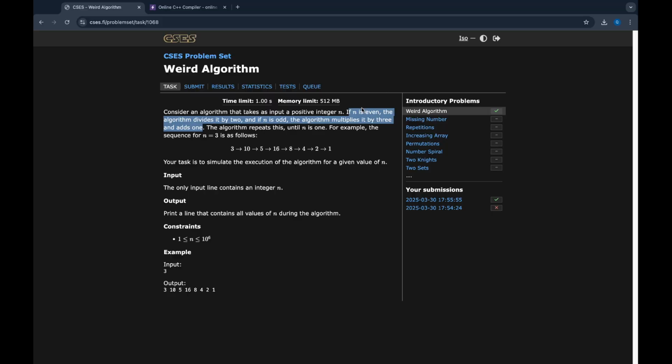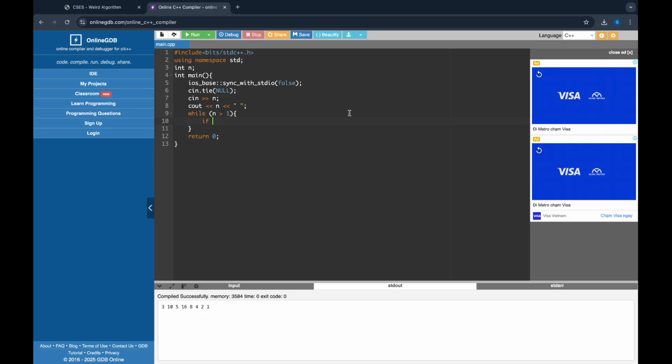They say that if n is even, we have to divide it by 2, and if n is an odd number, the algorithm multiplies it by 3 and adds 1. So we're gonna use an if condition here.